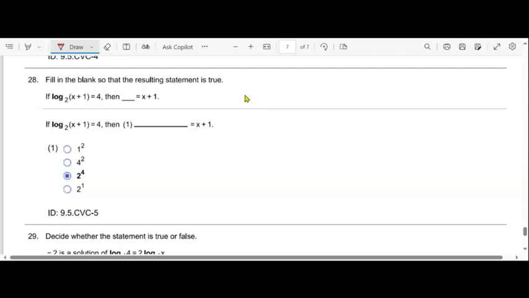What happens to the 2? It moves and the 4 goes up as a power. Equals x plus 1. So here we put 2 to the power of 4.